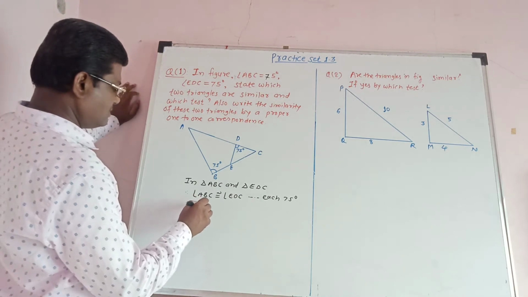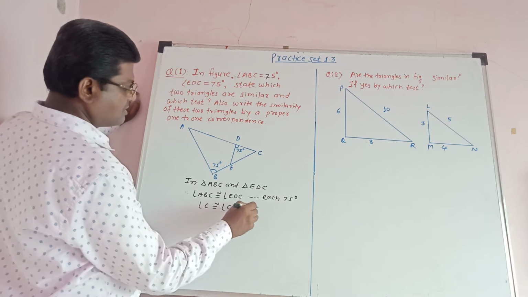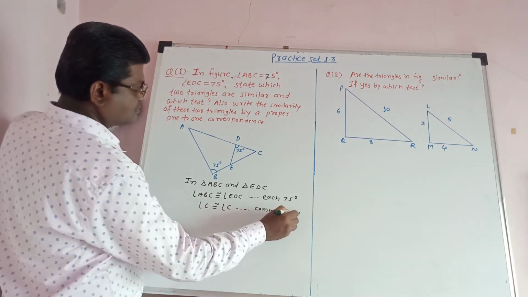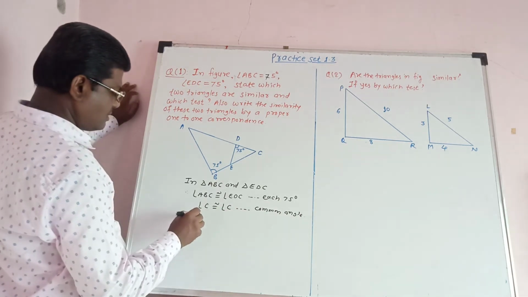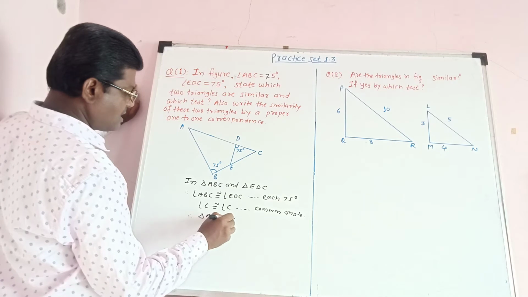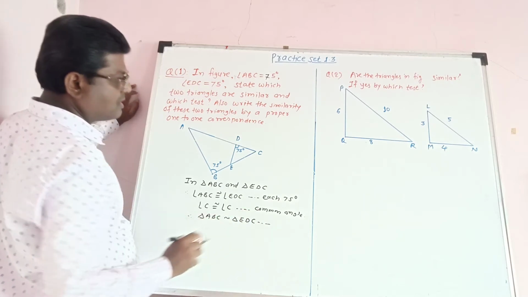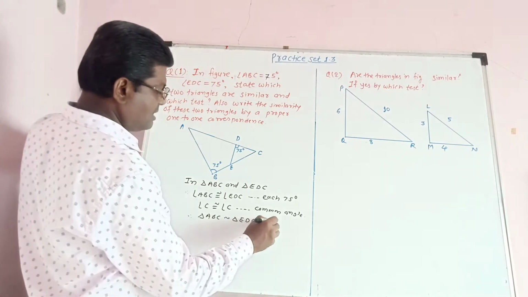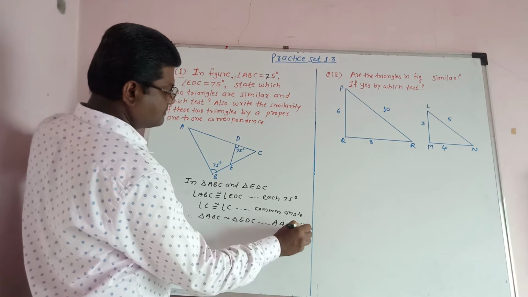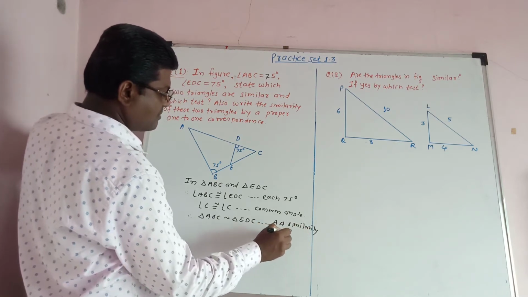Angle C is congruent to angle C, this is a common angle. Therefore, triangle ABC ~ triangle EDC, and here is the AA similarity test of triangles.